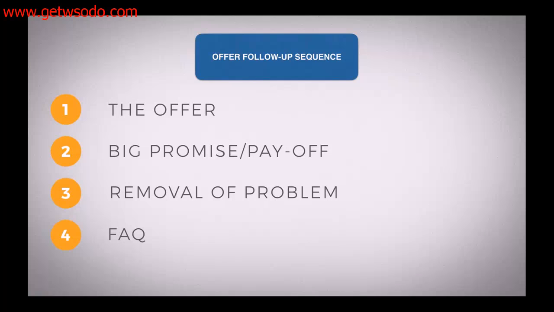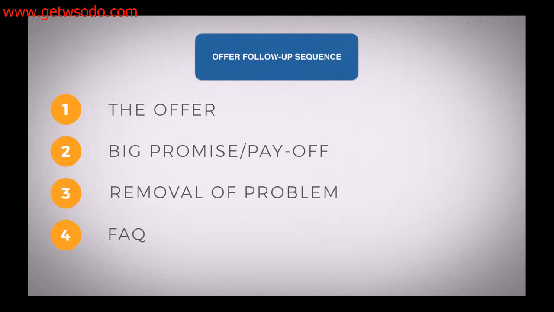And then the fourth email that we send out as part of the offer follow-up sequence is typically an FAQ, and typically we'll focus on 3 questions. Now, I want to give you a little nuance here, just to give you some context, right? This has nothing to do yet with the intensification sequence.